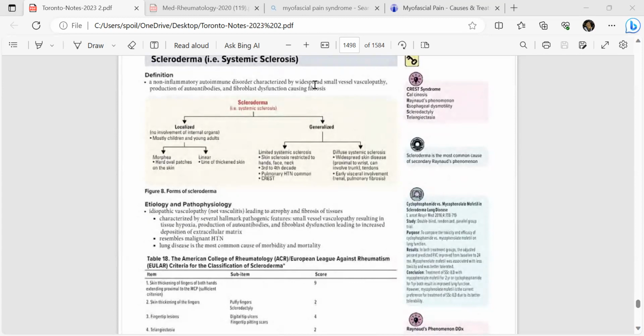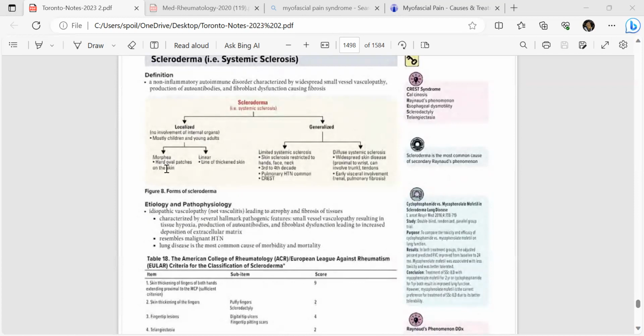Features include calcinosis, Raynaud phenomenon, esophageal dysmotility, sclerodactyly, and telangiectasia. It has two types, localized and generalized. Localized is in children and young adults, with no involvement of internal organs, and shows morphea and linear hard oval patches on the skin.